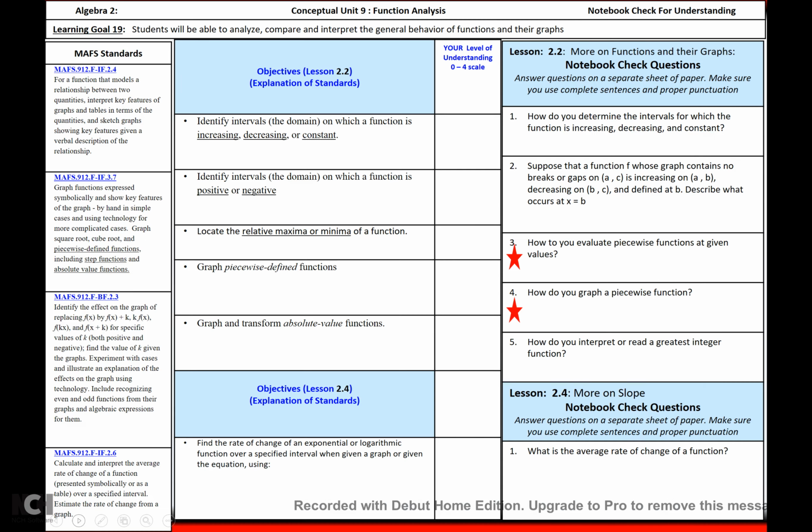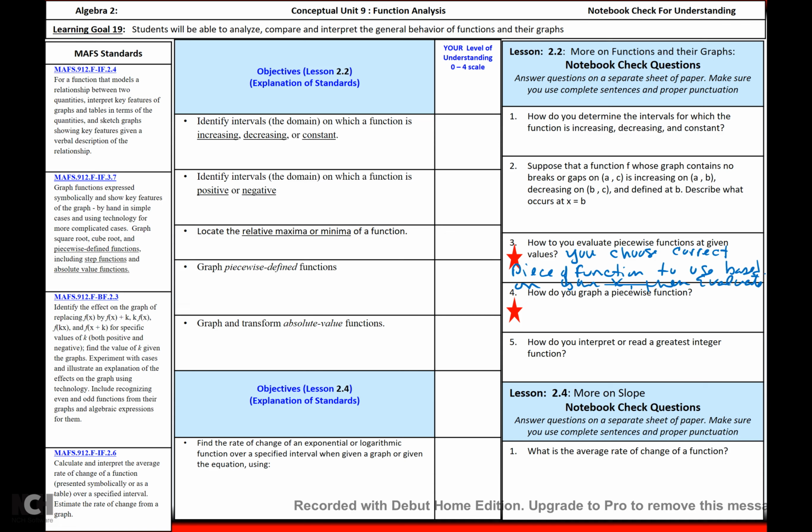Alright, so how do you evaluate piecewise functions at given values? You choose the correct piece of the function to use based on your x, and evaluate.